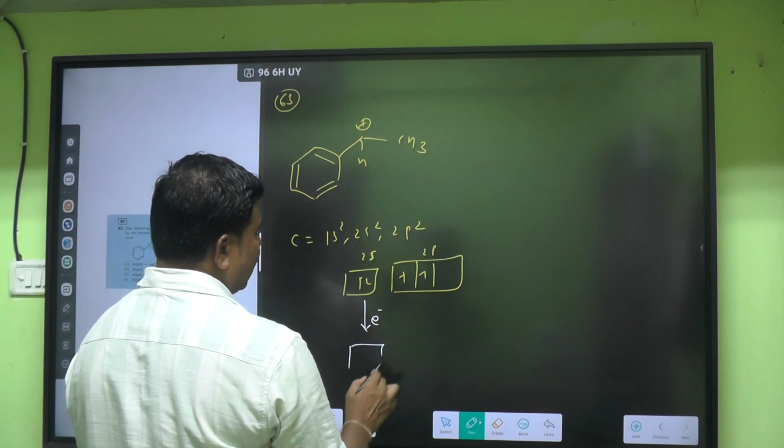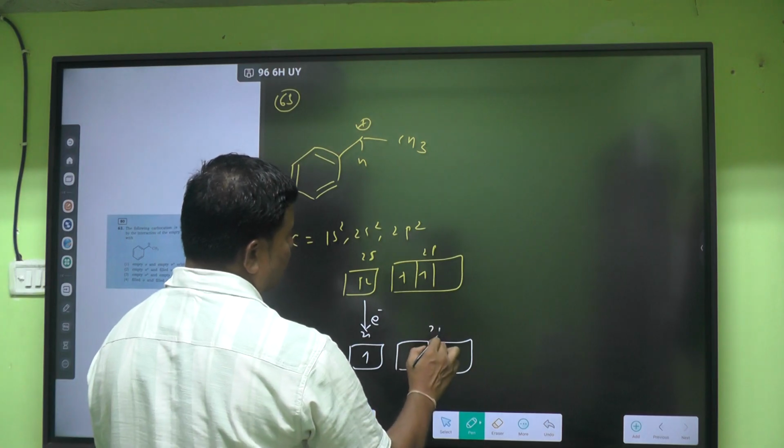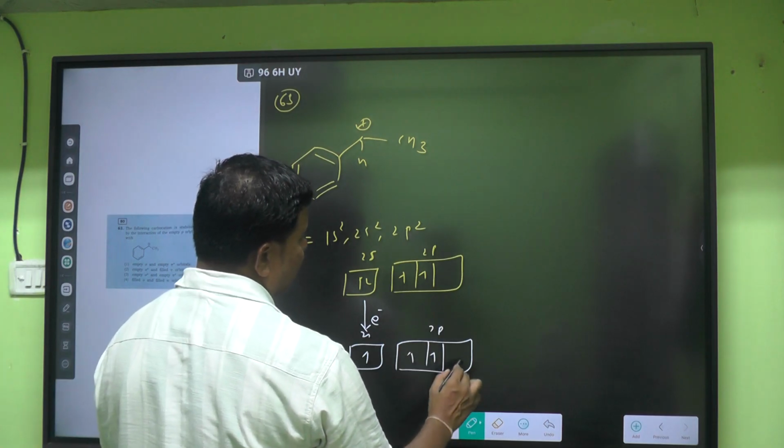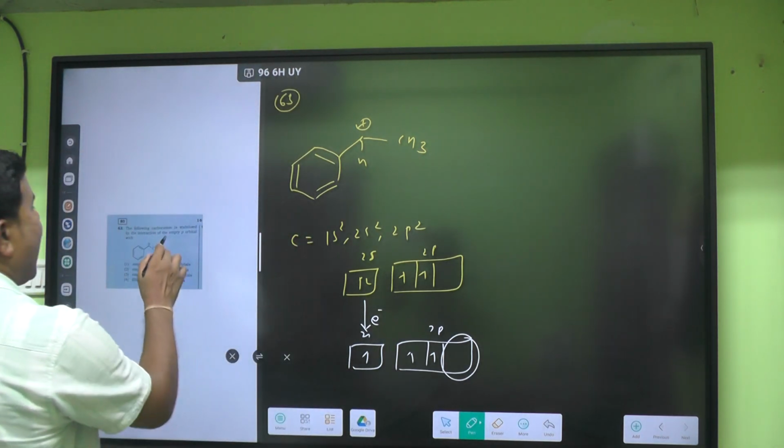It is removed from the 2p, since 2s is lower in energy. So 2s has 1 electron and 2p has 1 electron, and the vacant orbital is the empty orbital.